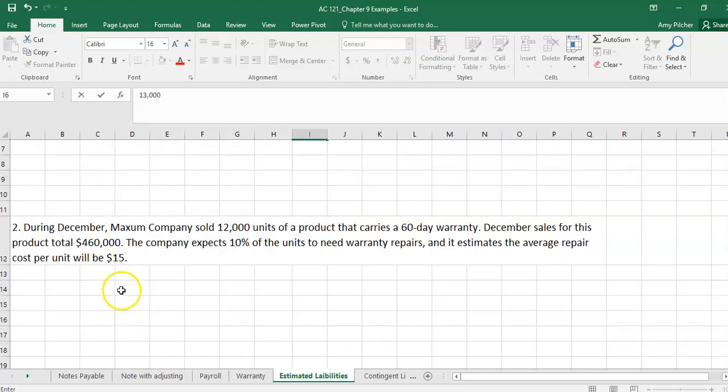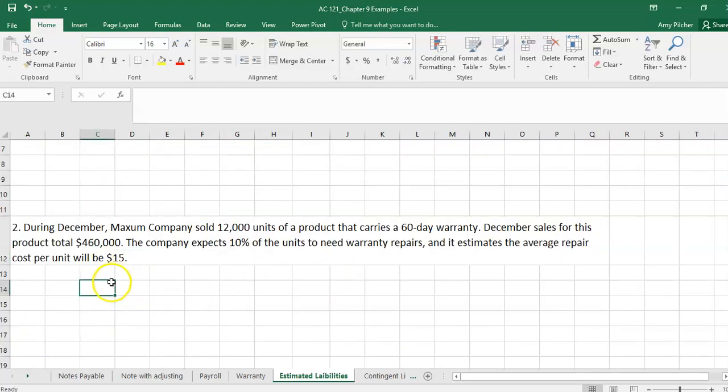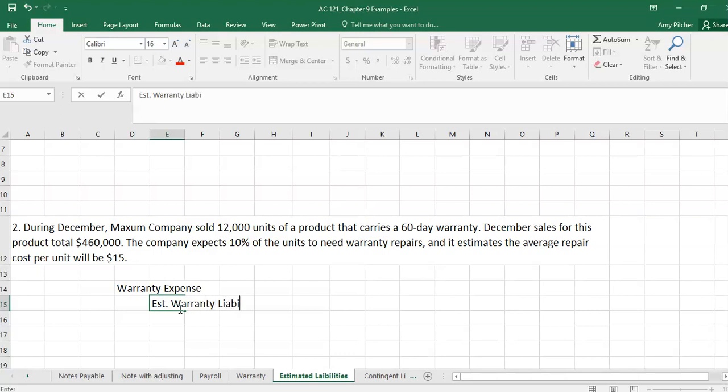We also have an estimated warranty liability here, and we're recording the adjusting entry. Our adjusting entry is warranty expense and our estimated warranty liability. So it tells us that we sell 12,000 units that carry a 60-day warranty, and our December sales were $460,000.